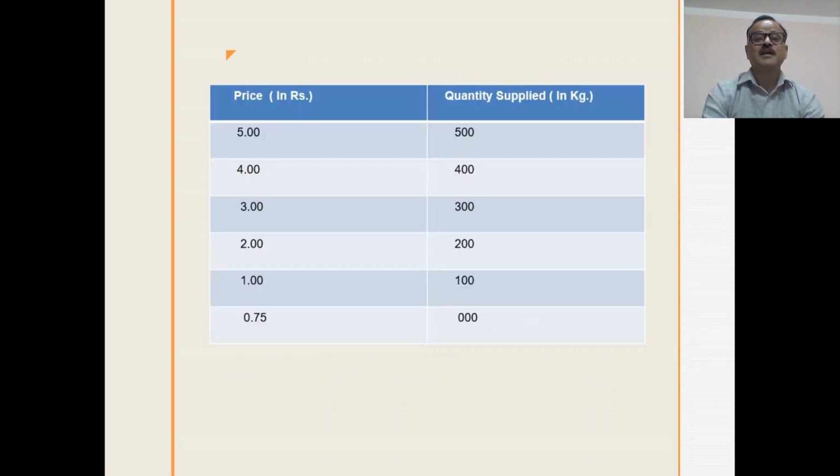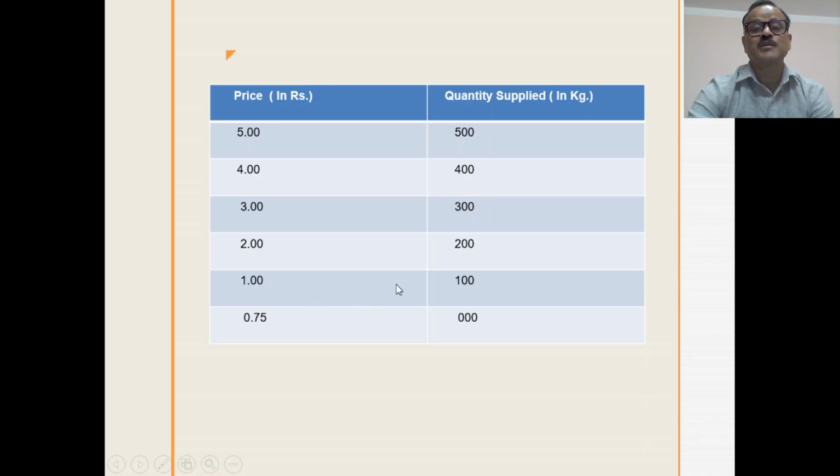Here we can see the table where price and quantity are included, and there is a positive relationship between the price and quantity supplied. You can see at 5 rupees quantity supplied is 500, at 4 rupees 400, at 3 rupees 300. In this way, if the price goes below 1 rupee 75 paisa, we can say there is no supply at all.